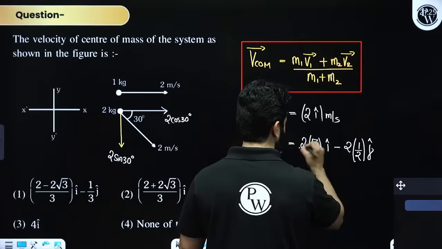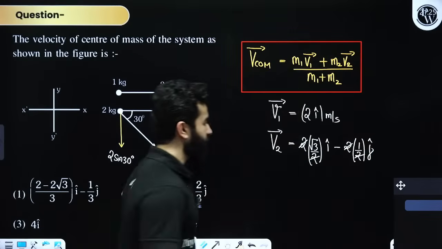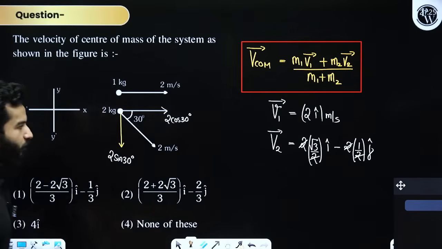So 2 and 2 cancel out, and we have our v2.